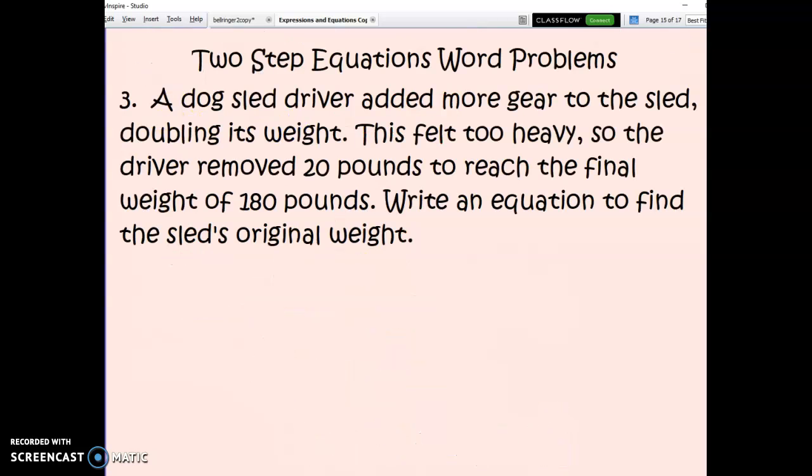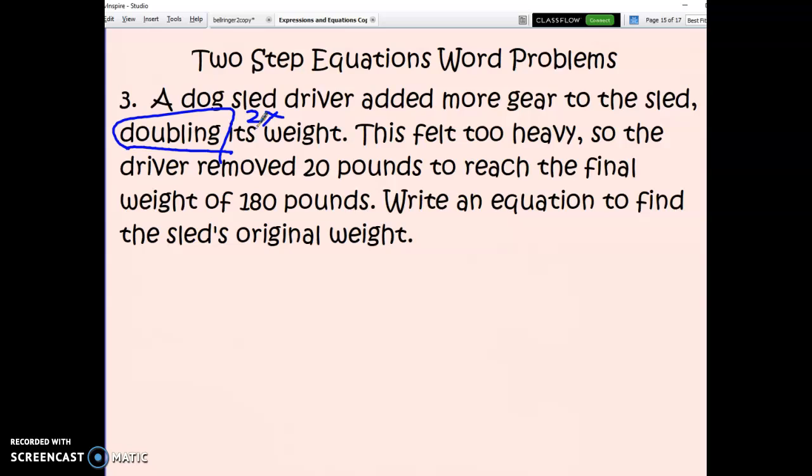Okay, here's our next one. A dog sled driver added more gear to the sled, doubling its weight. When we double something, that means we're multiplying it by 2. This felt too heavy, so the driver removed 20 pounds to reach the final weight of 180. And then we're asked to write an equation to find the sled's original weight.